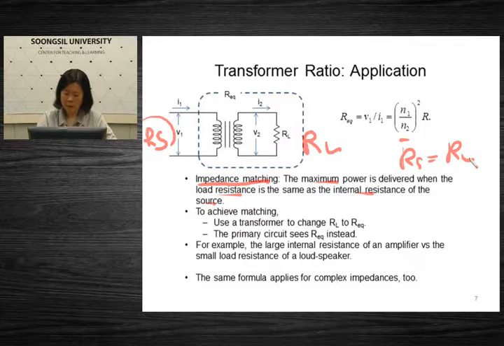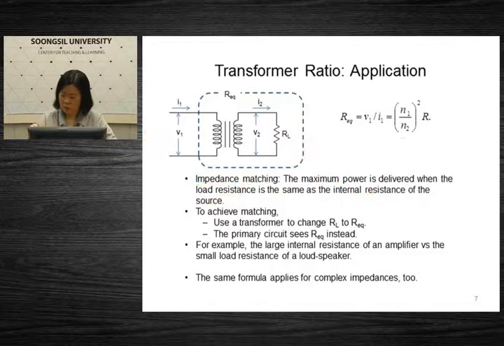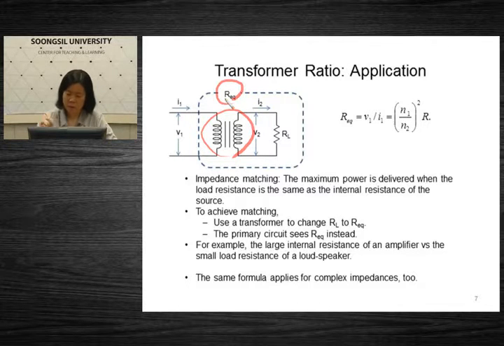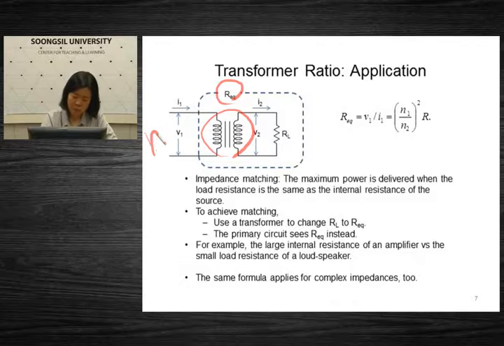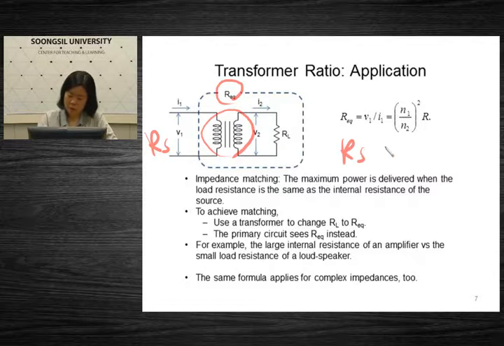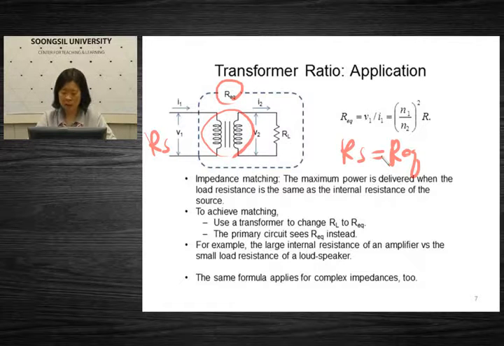But this RL cannot always be the same as the source value. So instead what we are going to do is use a transformer to change the RL value to the R equivalent value. So all we have to do is match the source with the equivalent. So this becomes impedance matching.